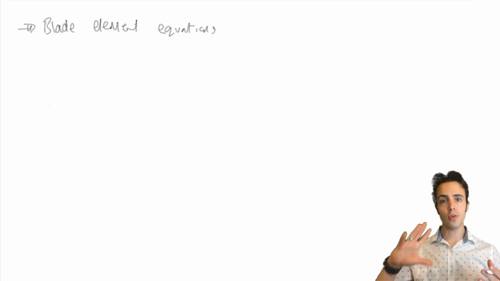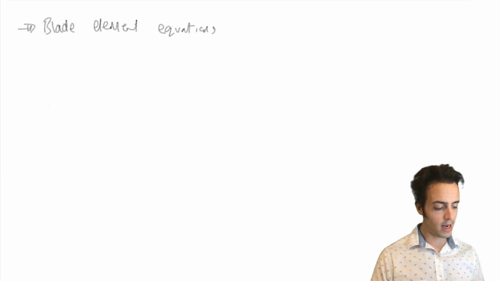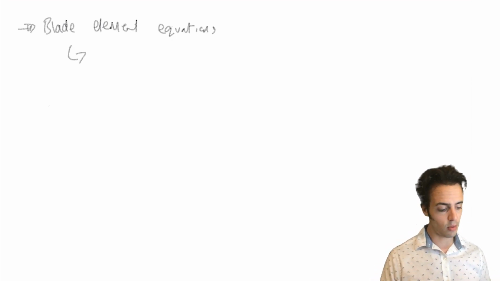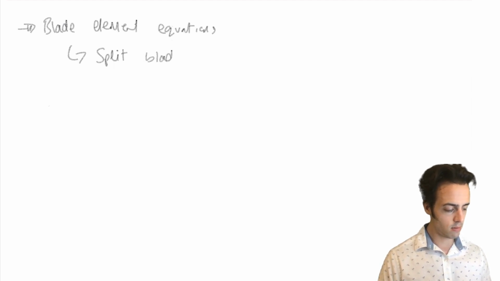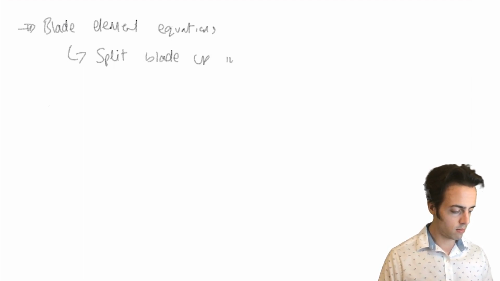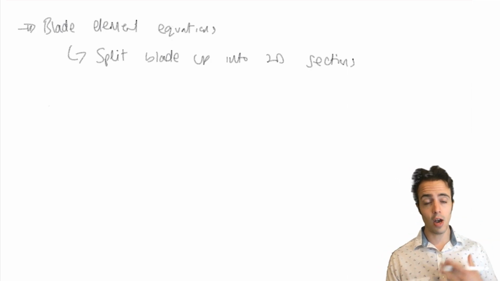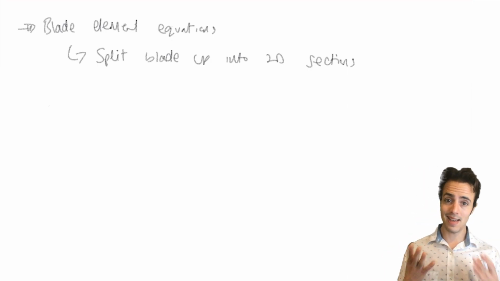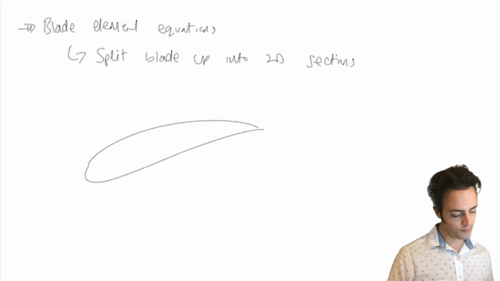These enable us to determine, for a given propeller, that we can split the blade up into a set of two-dimensional sections. The principle behind the blade element method is that these 2D sections operate as if they were in a two-dimensional flow field. So we can have an aerofoil section.